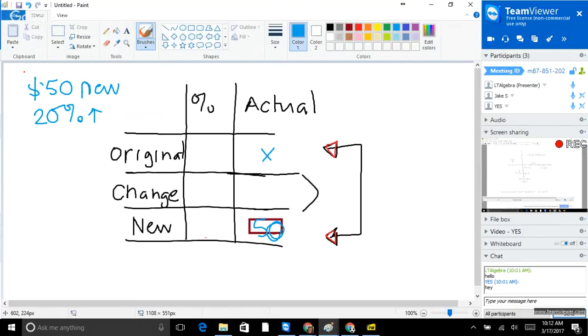What's my original percent always going to be? Always 100. If this went up 20%, my change is plus 20, so what's my new percent going to be? Yep. Now I have these two boxes filled in again, and I just do the same thing. X over 100 equals 50 over 120.